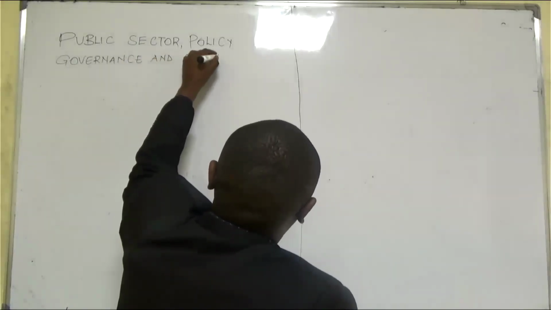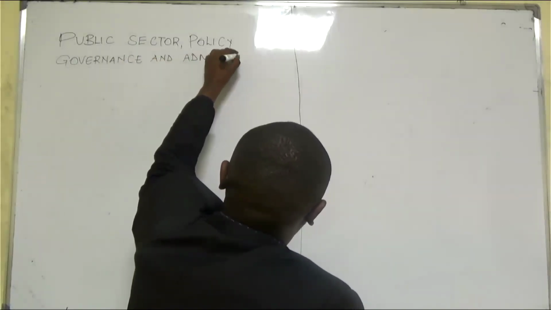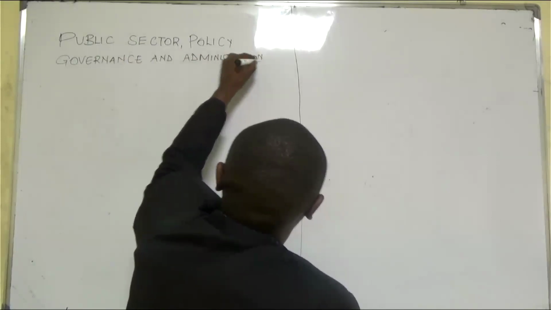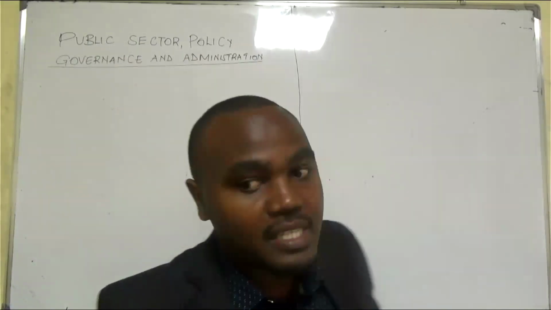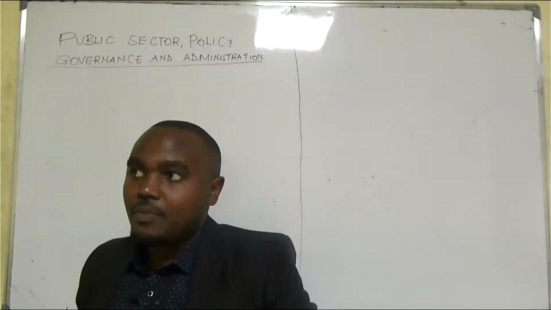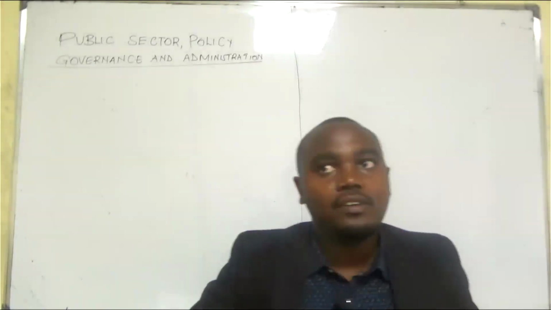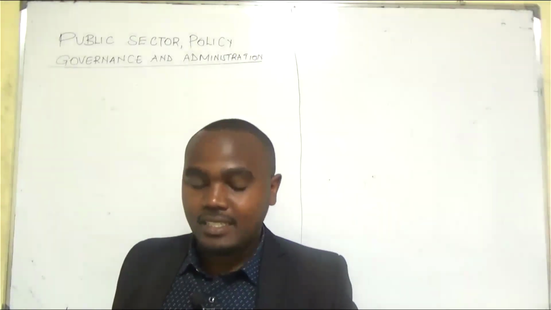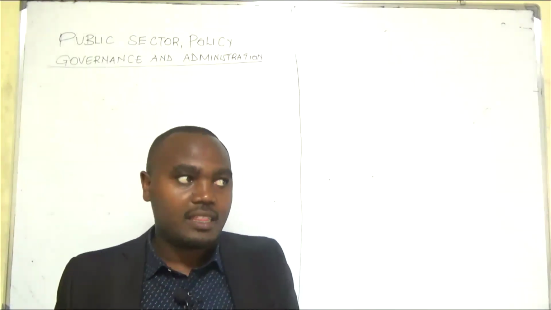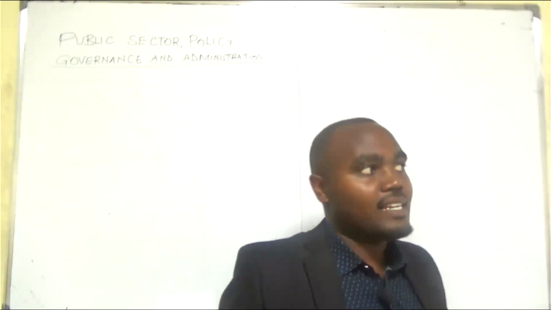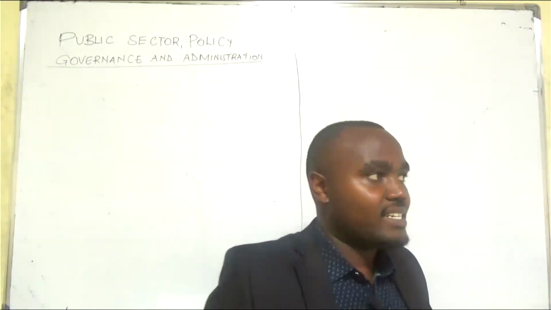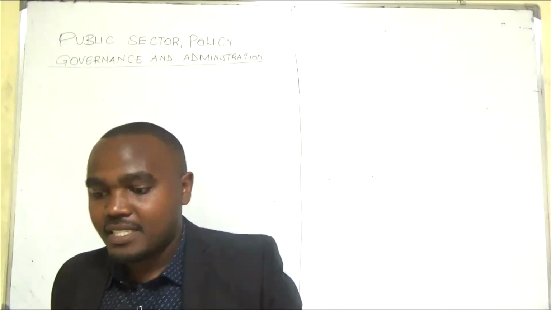This is our unit. I want to give a brief reason why this unit is very important for anyone taking CS classes. If you assess the CS intermediate level, you will see that in each and every unit, there is something specific that is very important for a certified secretary.